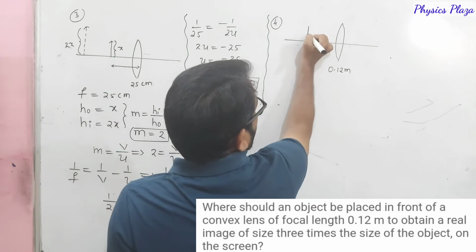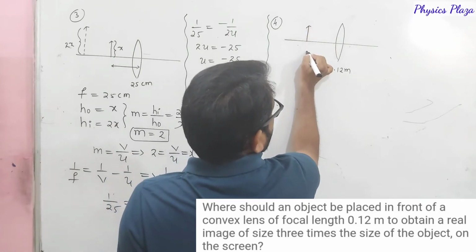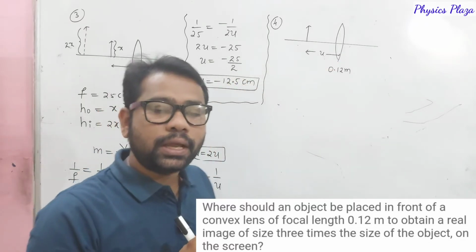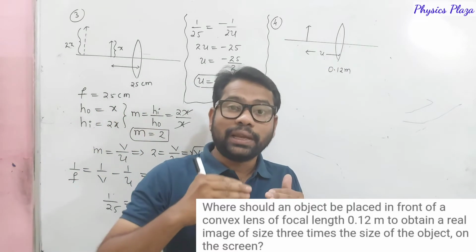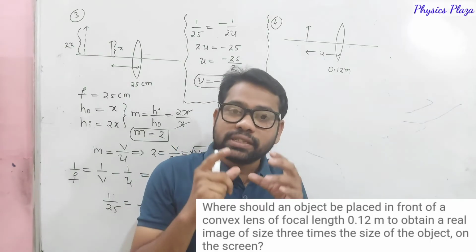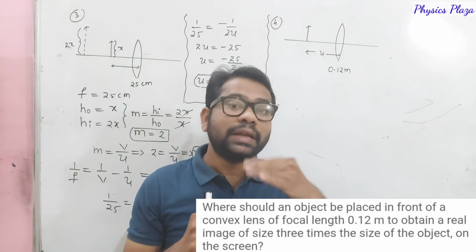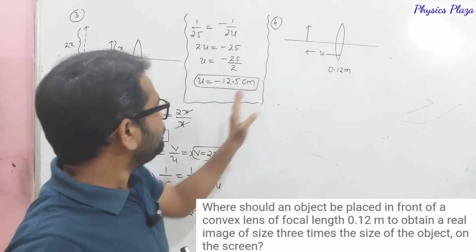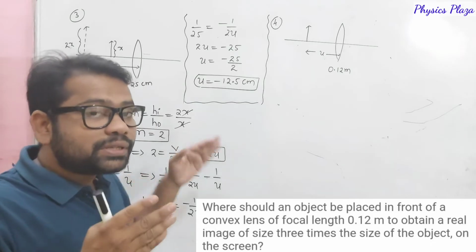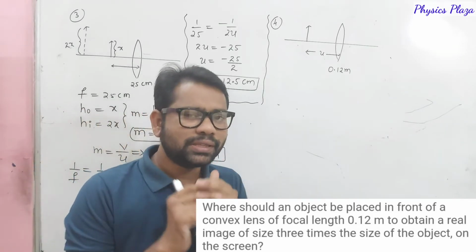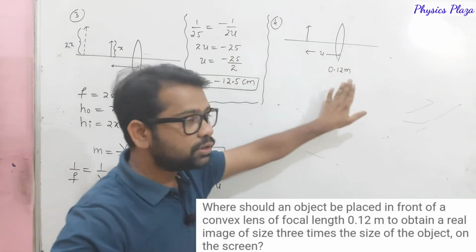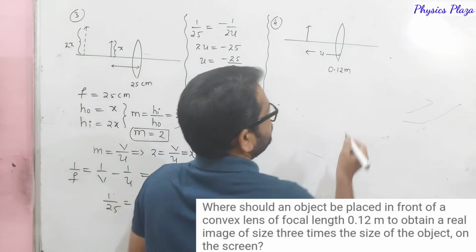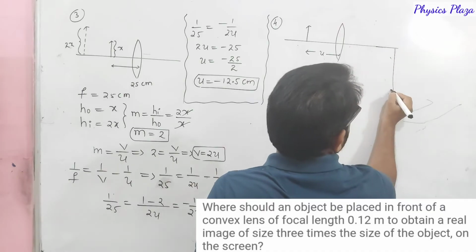Now, where should this object be placed so that we get a real image that is 3 times greater, meaning the size of the image is 3 times that of the object? The difference is that in the previous numerical the image size is twice the object size, but it is a virtual image. But this is a case of a real image and the image size is 3 times the object size. So, somewhere else the image is formed.